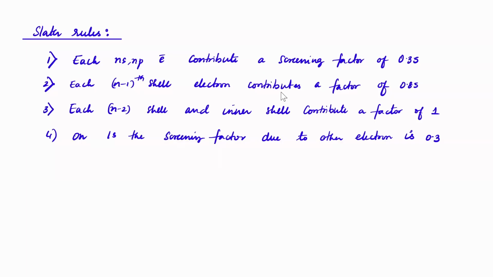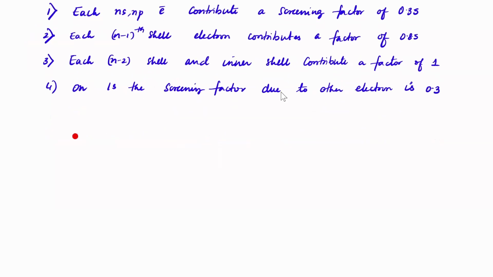What Slater's rule suggests is that ns and np electrons contribute a screening factor of 0.35. For example, let me show you this way. Suppose this is a nucleus and this is the outermost orbit, and this is the electron on which you are trying to figure out the Z effective. But within this orbit, there might be other electrons also.